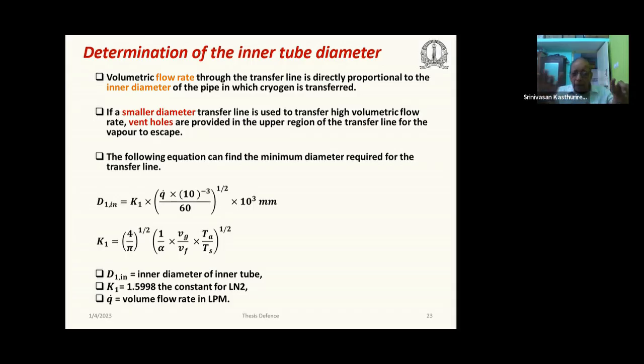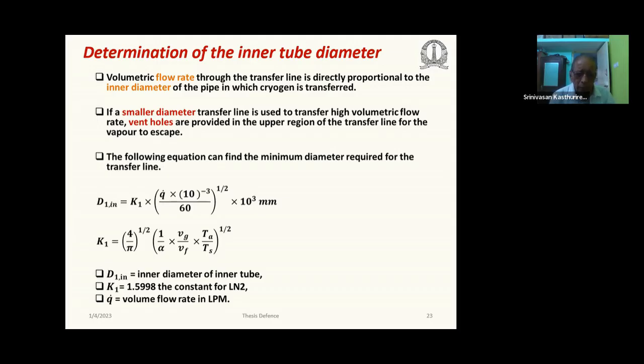After the vacuum part is over, there will be an open portion with only the inner line. In that, you put some holes on the sides, peripheries, such that the vapor will escape and the liquid will flow and then enter into this. So this is something which is normally done.